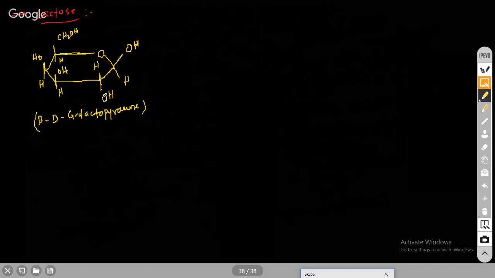Galactopyranose. Now the another molecule is what? It is alpha D glucopyranose, right? That structure will be like this: oxygen, alpha D glucose. So OH on the bottom, H on the top, OH on the top, H on the bottom, OH on the bottom, H on the top, and CH2OH here, H here, right?